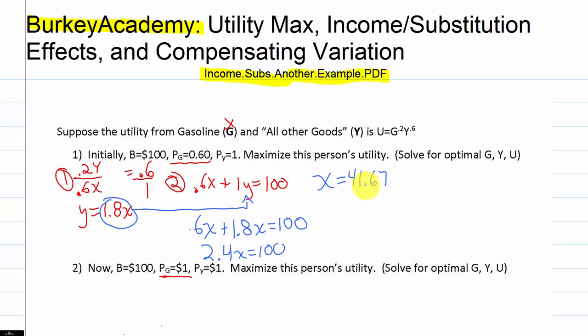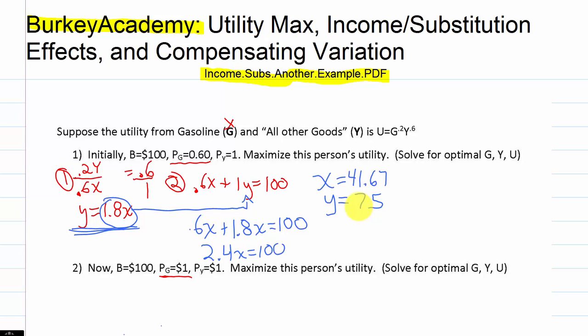Then we can plug that number back into any of the equations to figure out the optimal amount of y. The easiest thing is to just use this equation right here, y equals 1.8x. Multiply this x by 1.8, and you'll get a number very close to 75. In fact, you'll get something slightly different if you round x off to 41.67, but the answer without rounding would be 75.